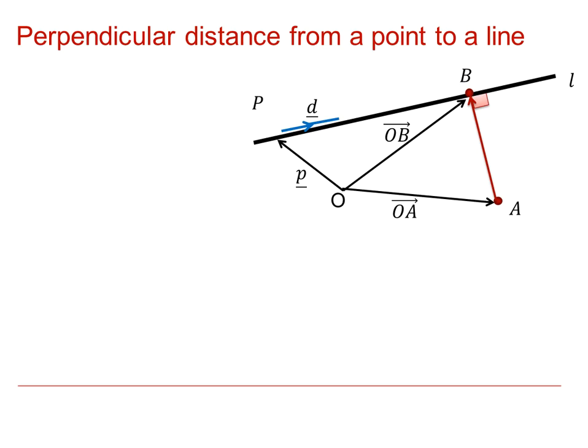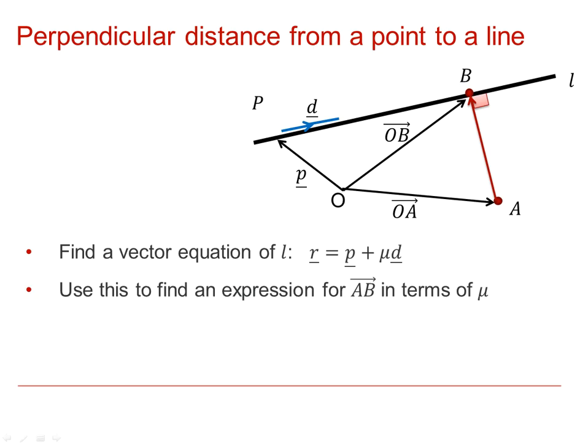So what we need to do first of all is to work out an equation of the line L in the usual form: r equals point P plus mu times the direction. And then, having got that equation, we use this to find an expression for AB, the vector A to B, in terms of mu.